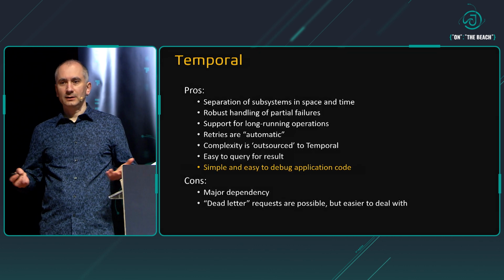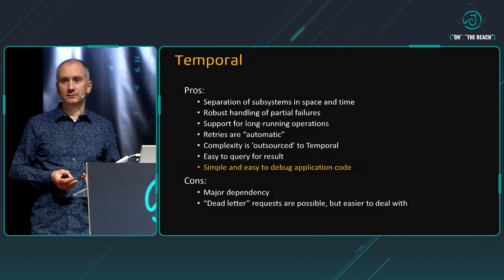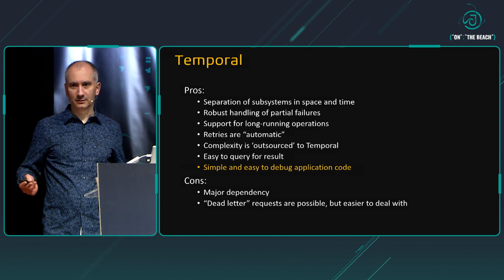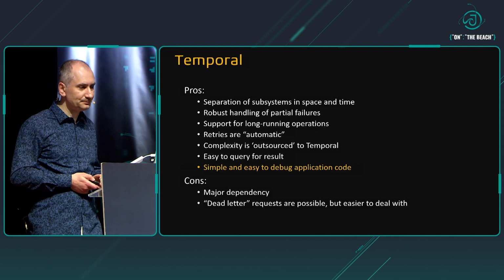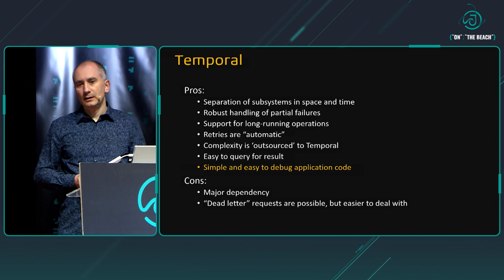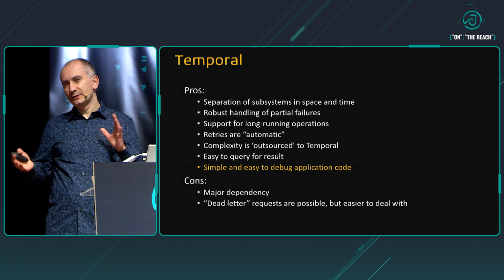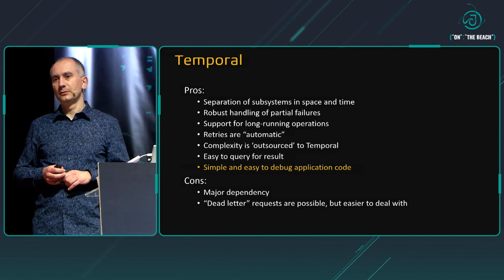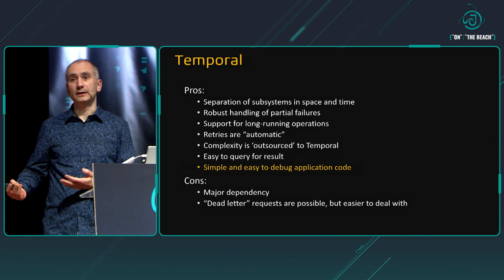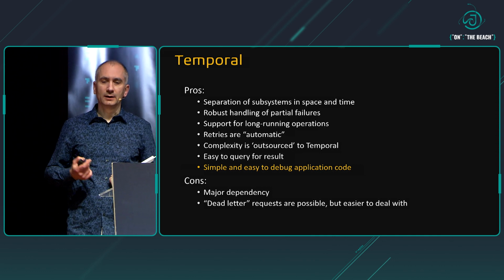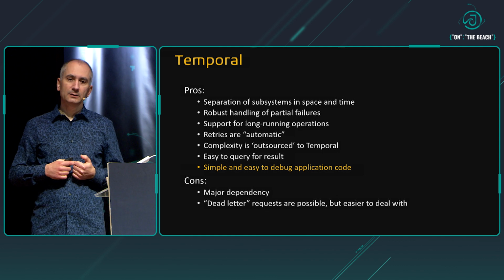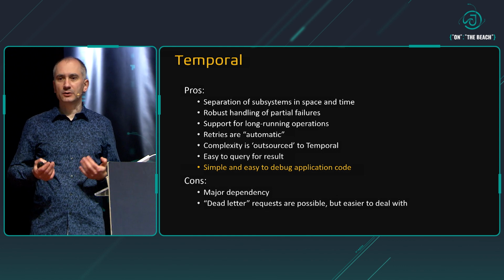What you pay for that, you get the major dependency, just like with the queuing case, but it's much bigger than the queue you use. In all workflow systems, we still have this kind of dead letter problem because we may have a request that keeps failing for whatever reason. The difference here is that the request may be failing because of a bug in the code.